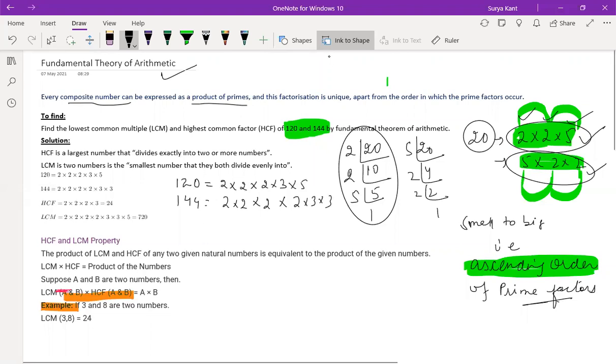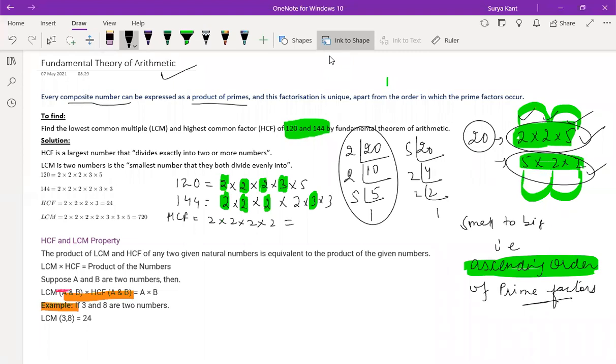So what is the HCF here? HCF is nothing but the common part coming in both. So 2, 2 is coming here, 2, 2, 3 and 3. So here you can write HCF is equal to 2 into 2 into 2 into 3, meaning all the pairs we are writing here. 2 2s are 4, 4 3s are 12, 2 2s are 4, 2 4s are 8, 8 3s are 24.